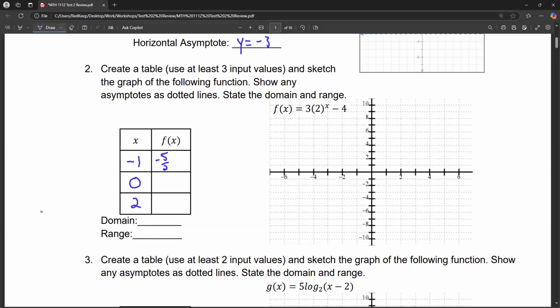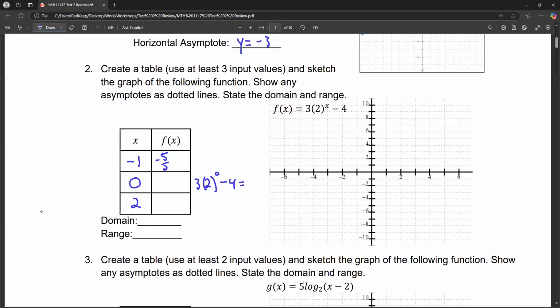Okay, so on to the next point to evaluate. When x is equal to 0, we're going to plug in that 0 wherever there's an x in our function. And this calls on another definition that is very useful for us. Anything raised to the power of 0 is actually equal to 1.